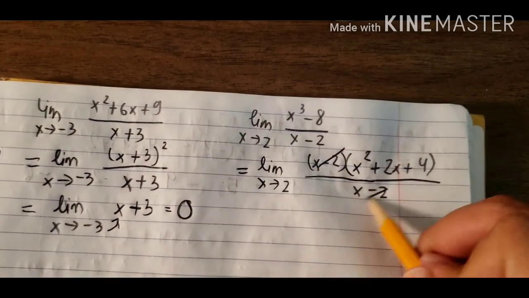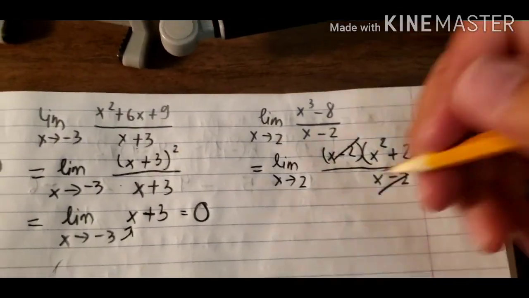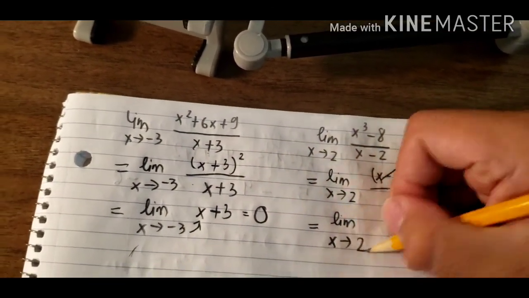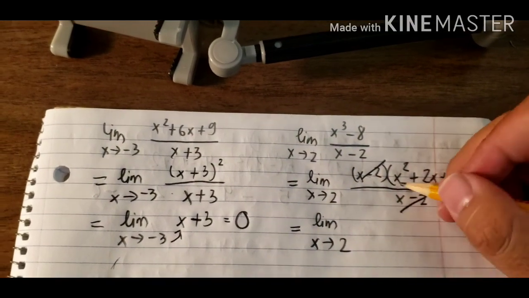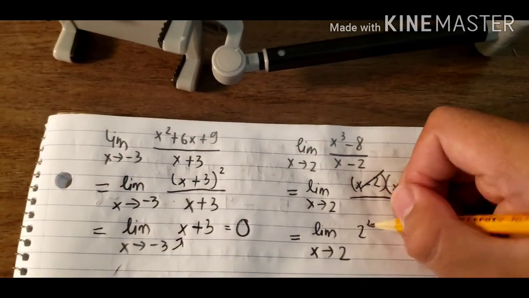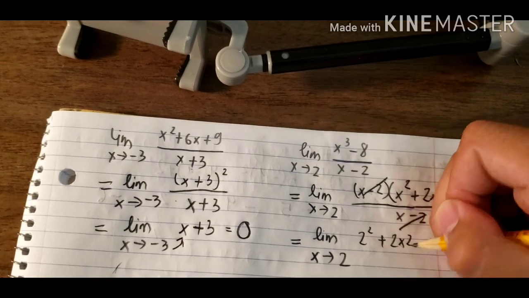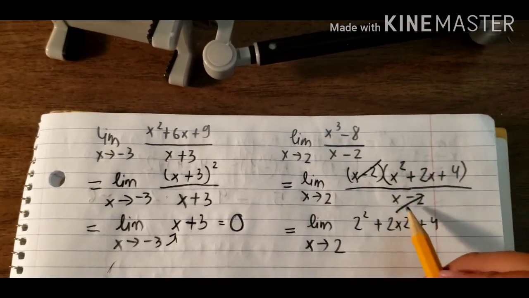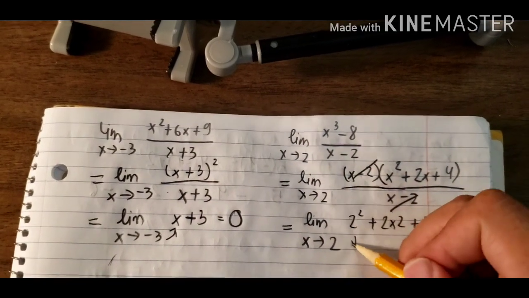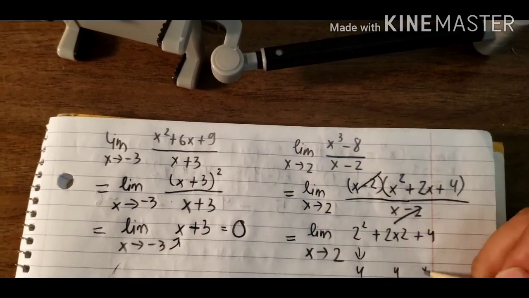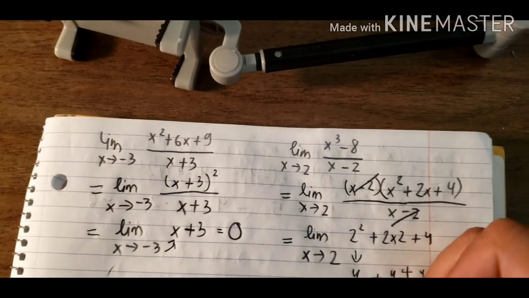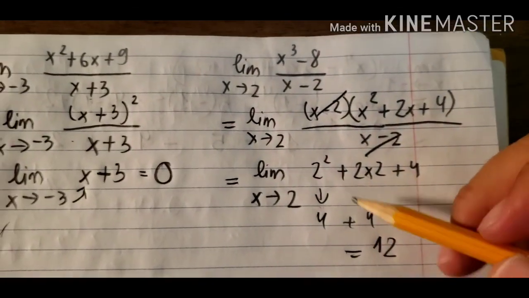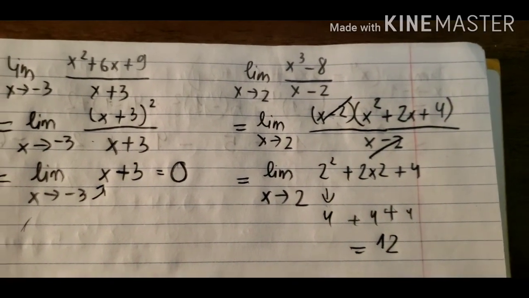We simplify them, and we got s going to 2, and we have s power 2 in here, and 2 multiplied with 2 plus 4, and we have 4, 4, and 4, and we have 12. So that's the answer for the question in here. Thank you for watching.